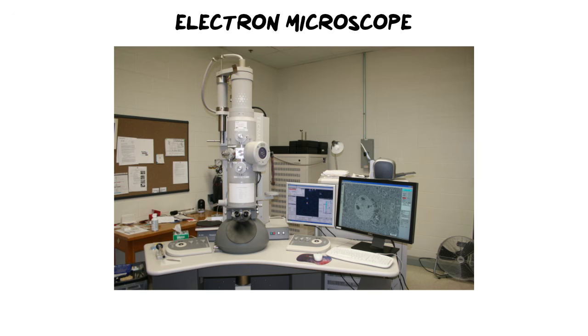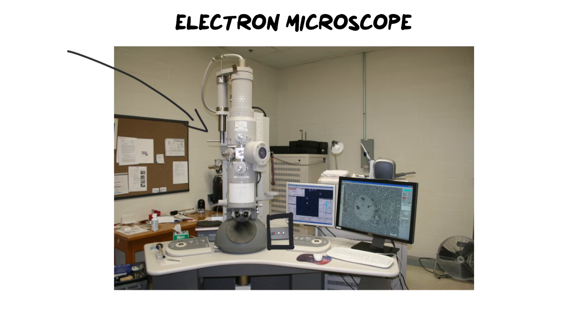Which brings me to the electron microscope. If you've ever seen a light microscope before, you will now notice that the electron microscope is massive compared to it. If we were to draw it in for scale, a normal light microscope would sit about this tall, so an electron microscope is really large. There are a lot of differences between the two, including how we make the image and what the image looks like.